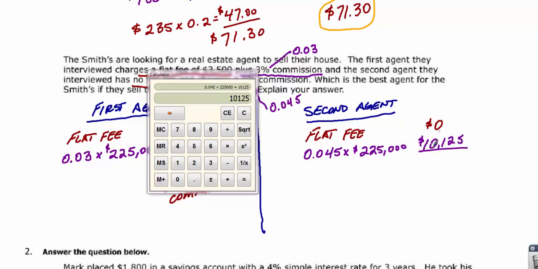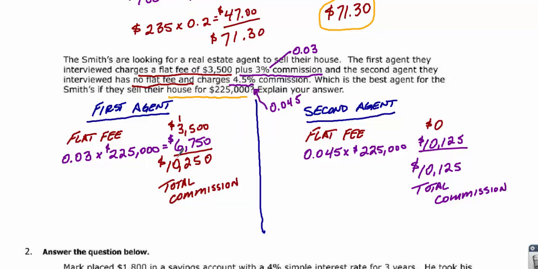Now there was no flat fee charged, so the $10,125 in this case is the total commission. Let's get rid of our calculator and compare. Yep, in this case the second agent is the best. Buy from the second agent.